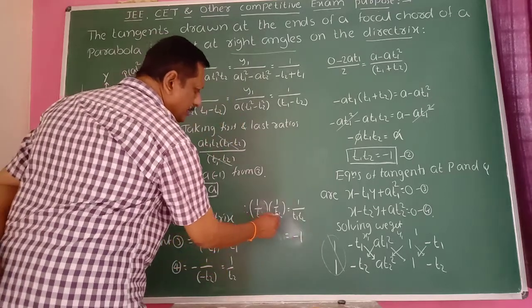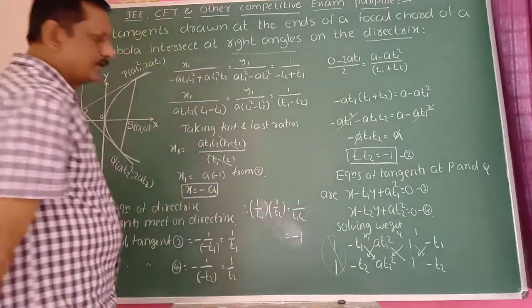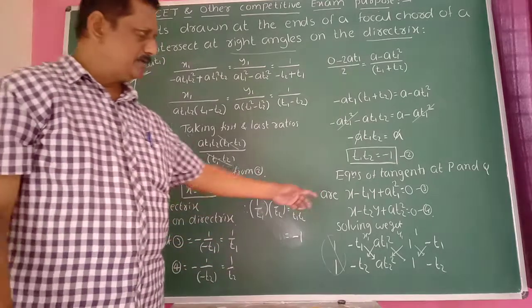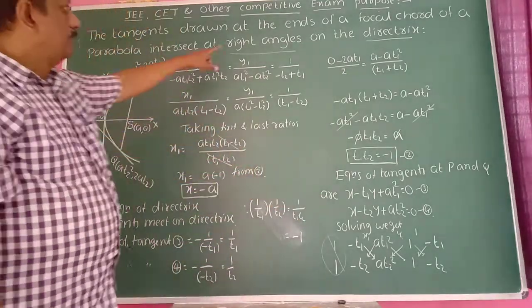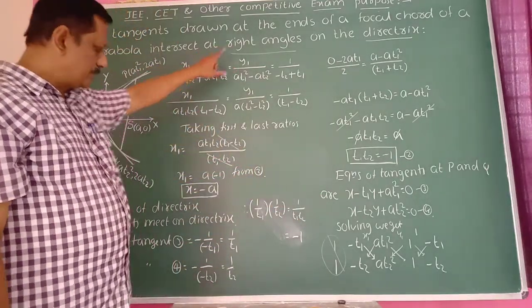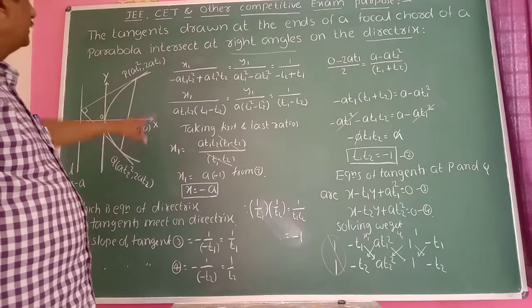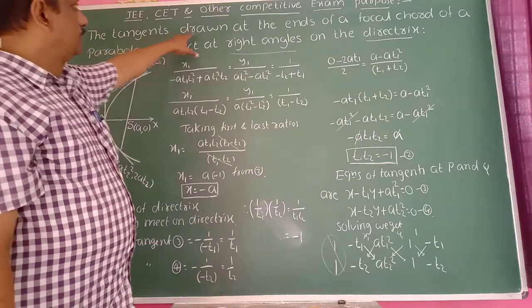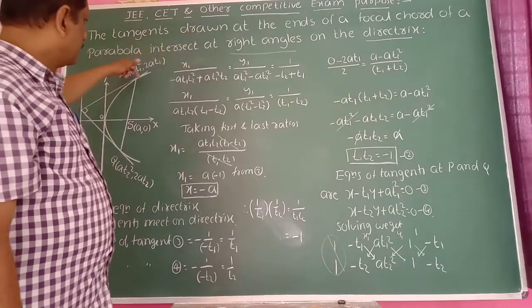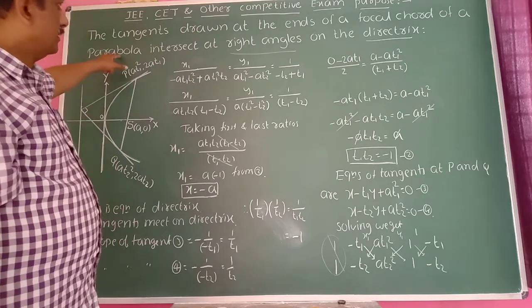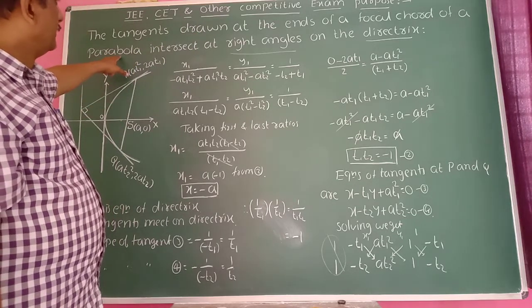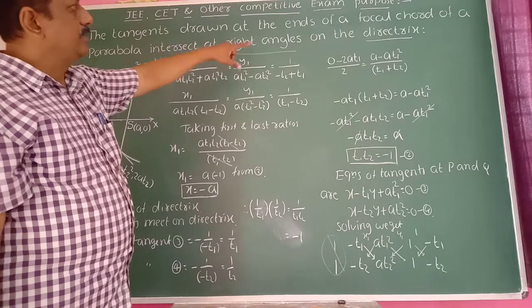Means the product of the slope is minus 1, which means they are perpendicular here. Therefore, tangents drawn at the ends of the focal chord of a parabola intersect at right angles on the directrix.